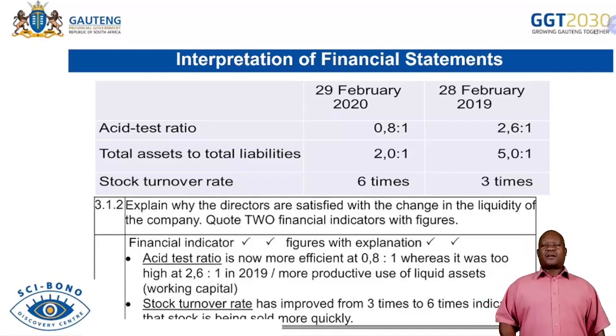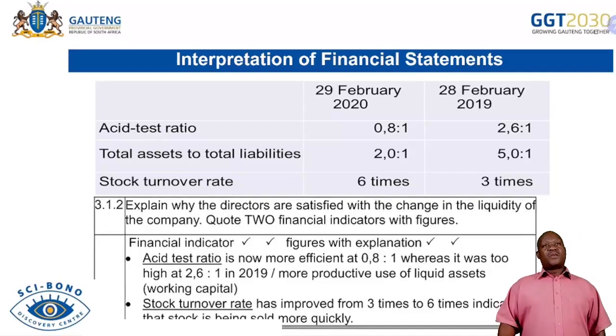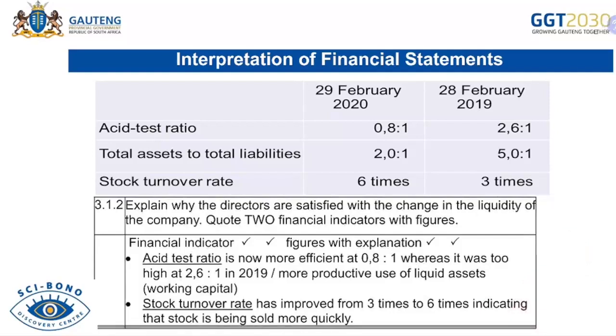It is better when our business is at this point. And then what can we say about the rate of stock turnover? It has improved from 3 times to 6 times, indicating that stock is being sold more quickly. We are converting our stock to cash at a faster rate. Very good for a business.